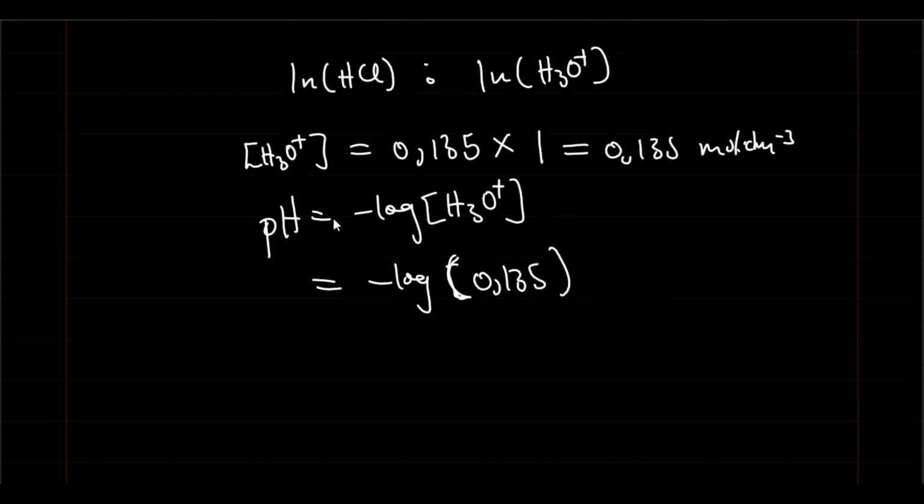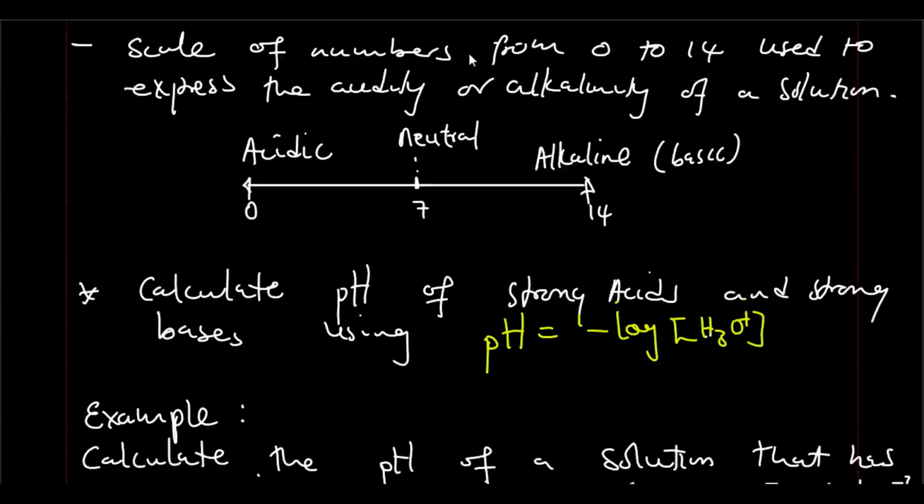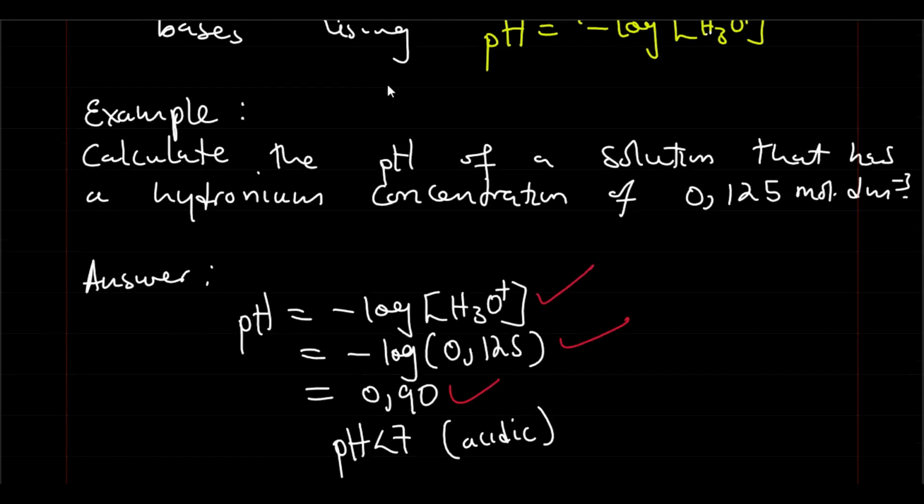So now when I press my expensive Casio calculator, which you guys also have, what do I get? I get a pH of 0,87. Okay.